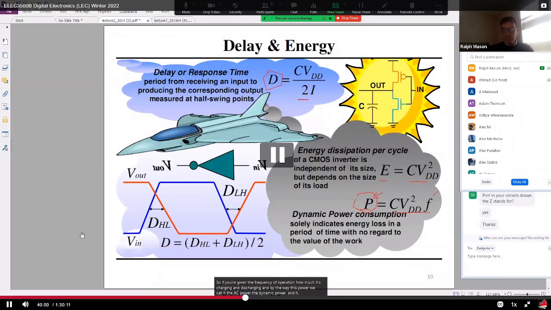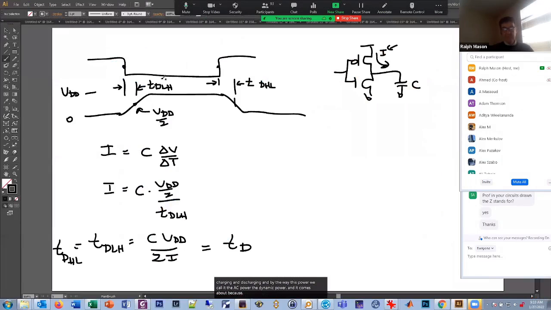It comes about because in this circuit, I charged up and I charged down. First, some current ran in and charged up this capacitor. That was this part of it when it went high. And then when this went high, the output went low, and the current went down this way.